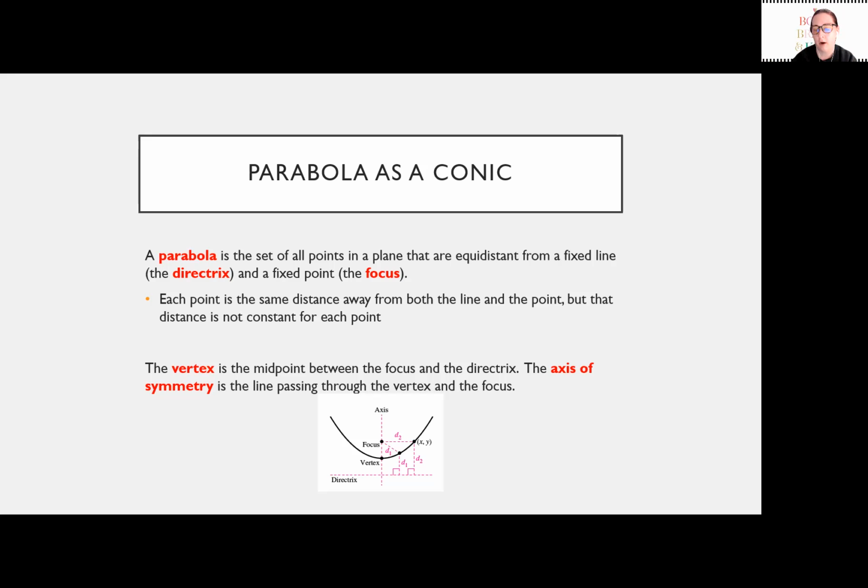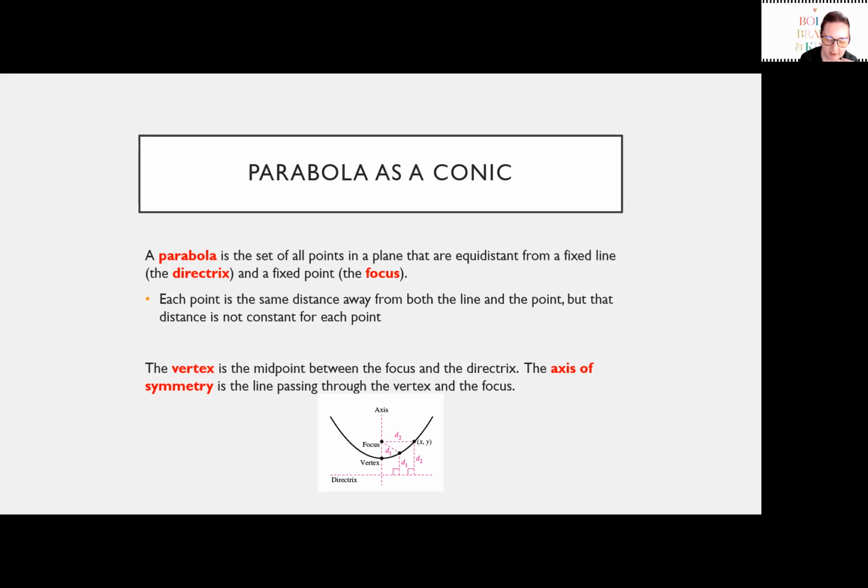So a parabola is the set of all points in a plane that are equidistant from a fixed line, which we call the directrix, and a fixed point, which is called the focus. Basically, if you have a point on the parabola, the distance that point is away from the focus is the same distance it is from the directrix.